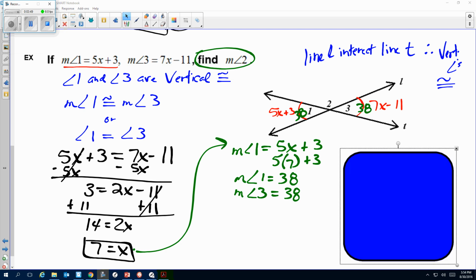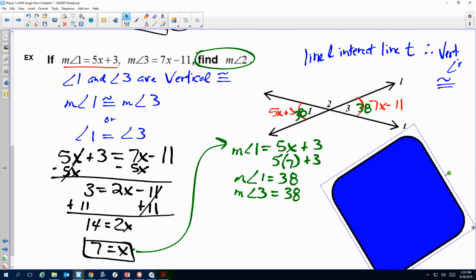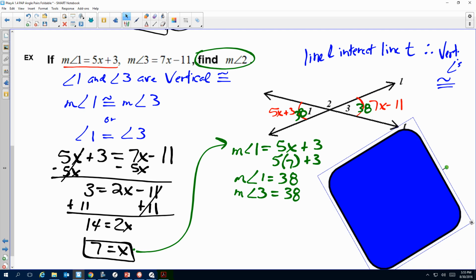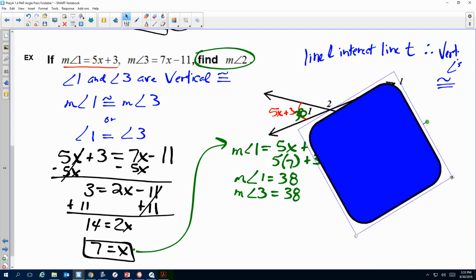Okay, you don't need this, but maybe folding your paper might help, or putting your hand over the section. I did this so I want you to see something. So we have vertical angles formed by lines intersecting. And also, I'm going to use this to cover up a part. So we want to find angle 2, okay?